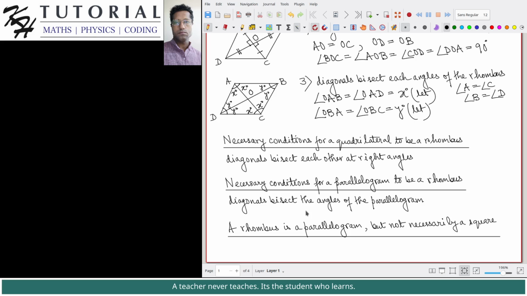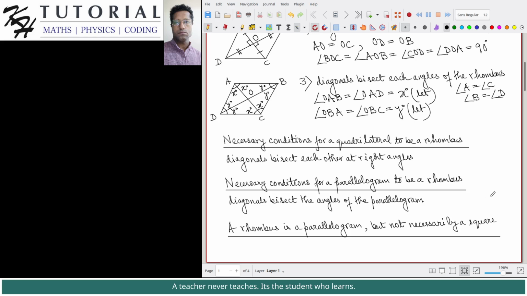So in a parallelogram, if you see that the two angles formed by the diagonal at every vertex are equal, then it will be a rhombus.